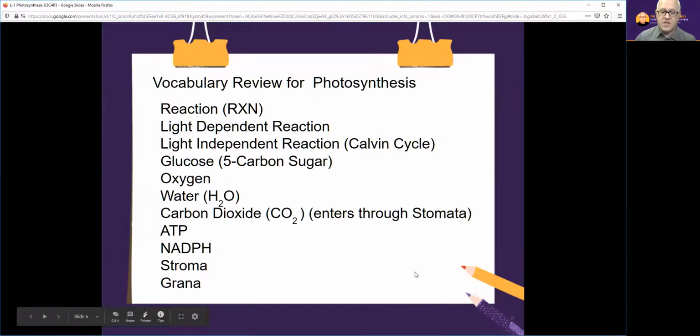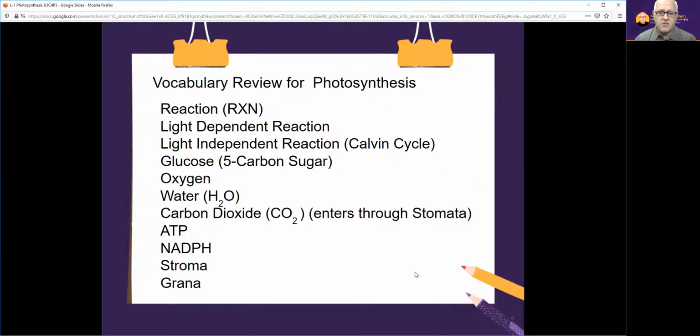Now there's some key vocabulary. Make sure you add this to your vocabulary section or drop it down on the left-hand side of your notes. We've gone through this before, but I just wanted to review it with you. Reaction, sometimes we show it on our slides and in our notes as RXN, that stands for reaction. We have light-dependent reaction, light-independent reaction. We have glucose.